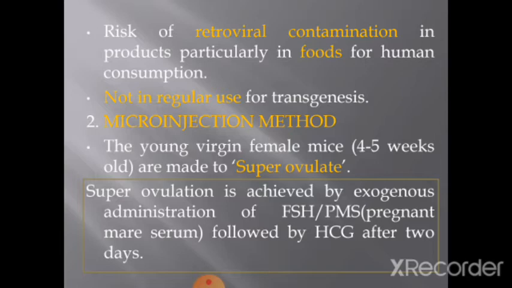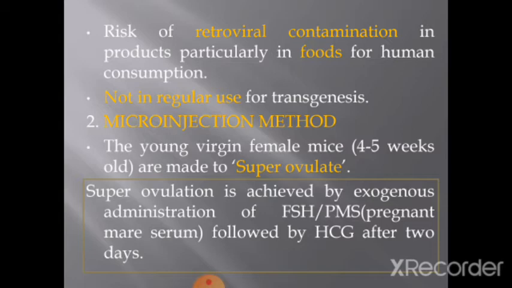What is this superovulation? Normally, in one estrous cycle, I told you they produce 4 to 5 ova, but you can always make them superovulate by giving hormones from an outside source. This can be achieved by exogenous administration of hormones.